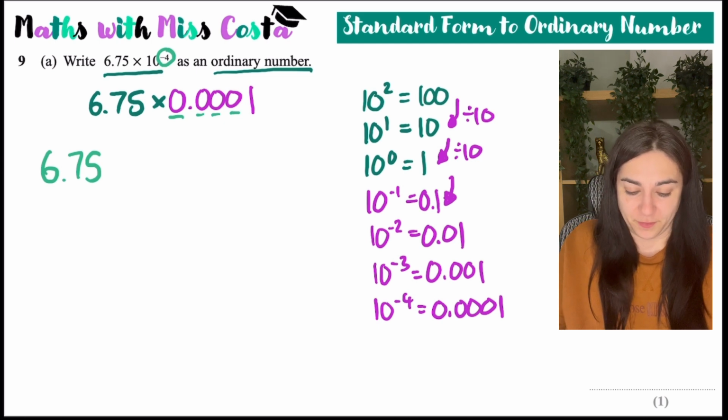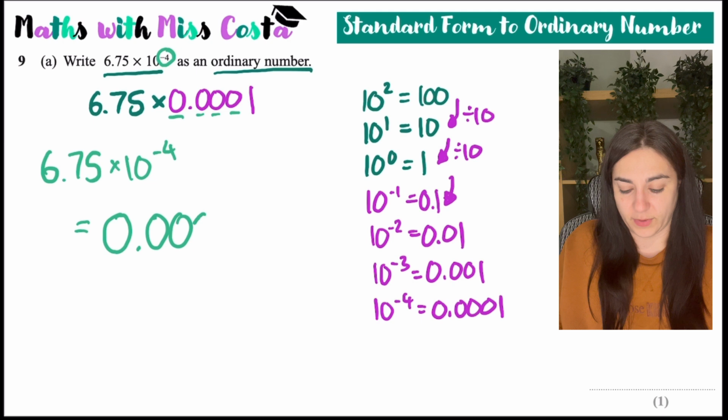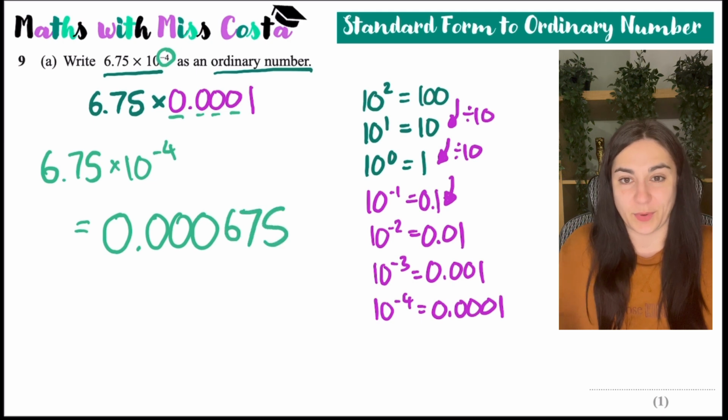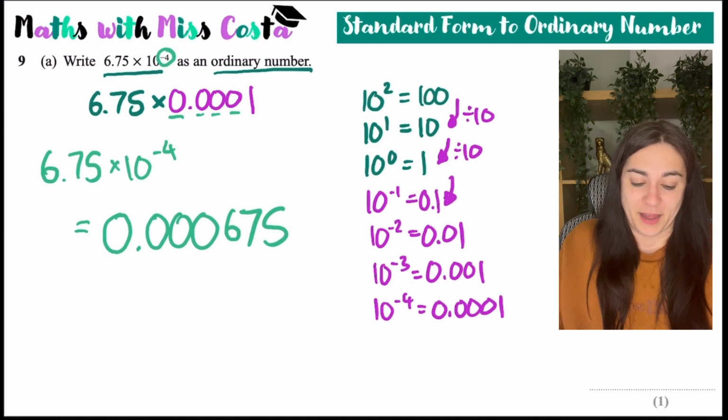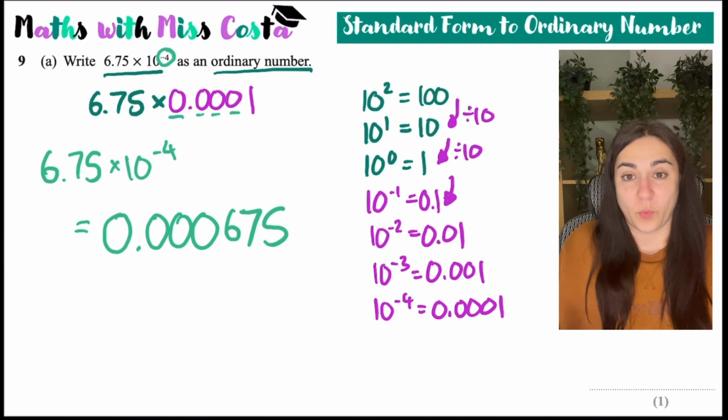So 6.75 times by 10 to the power of minus 4. I start my zeros. I've got 0, that's 1, 2, 3, 4 zeros, and then I start writing my number. So that's the cheat way of how to do standard form. Proper way is, well, not cheat, shortcut. Understanding 10 to the power of minus 4 is 0.0001 and doing the multiplication that way. Whichever way works best for you.